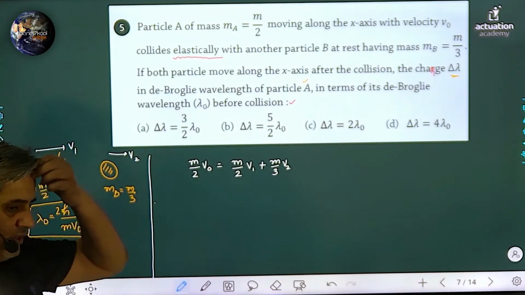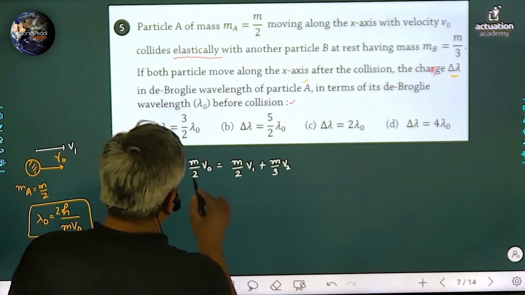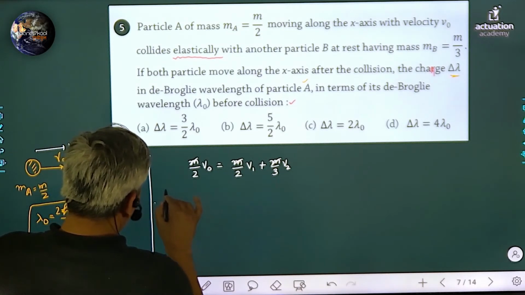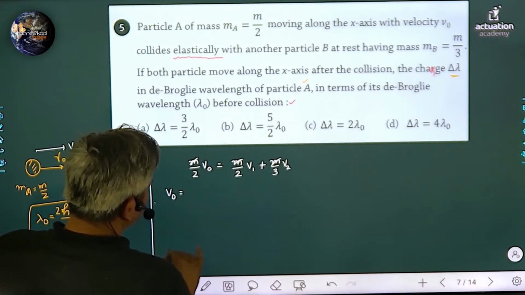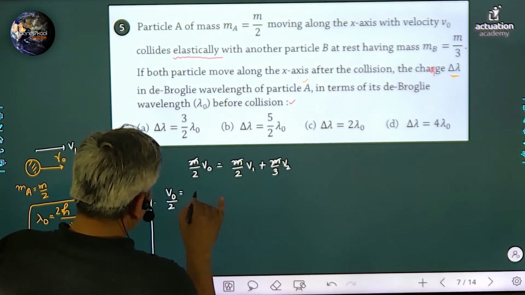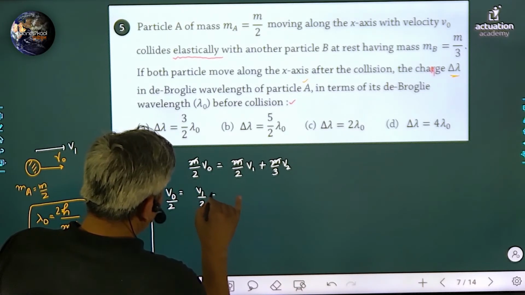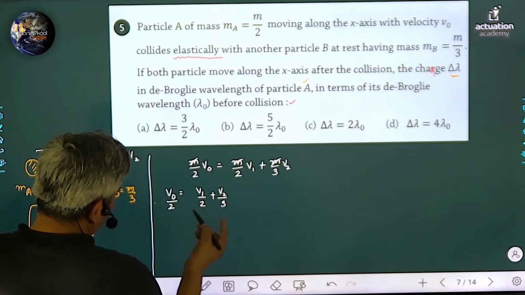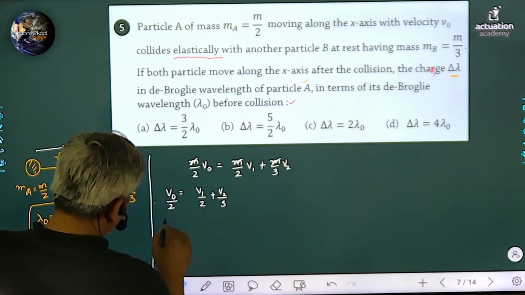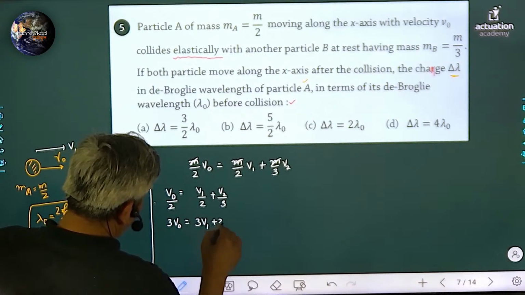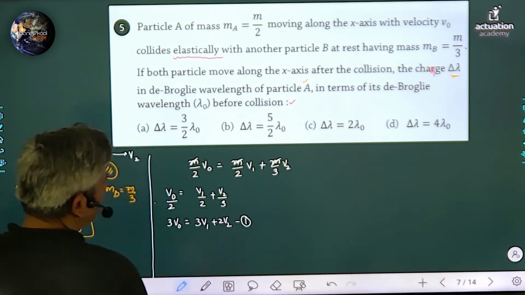So v naught by 2 is equal to v1 by 2 plus v2 by 3. This gives us 3 v naught is equal to 3 v1 plus 2 v2. This is equation number 1.